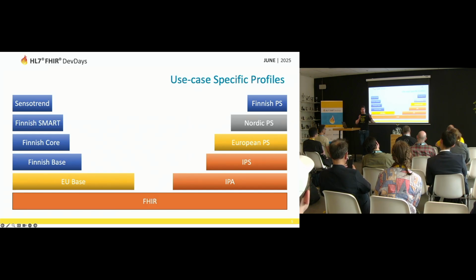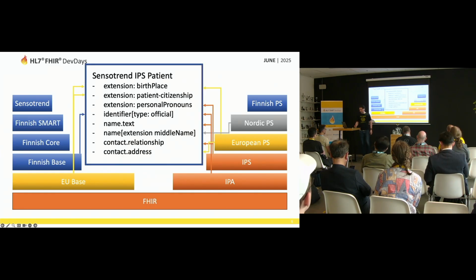The EU base, for instance, wants to say that these are the things that are relevant for all apps or all use cases in Europe, but then the European patient summary wants to take something from the patient access and patient summary. And this is what we're talking about. How do you then create a profile that takes all of the relevant things from different layers of this architecture?